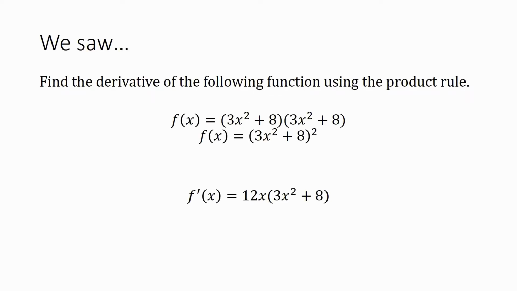We saw at the end of the last section that we took a derivative of (3x² + 8)², and what we ended up with is (3x² + 8) to the first power multiplied times 12x. That 12x happened to be 2 times the derivative of this 3x² + 8.